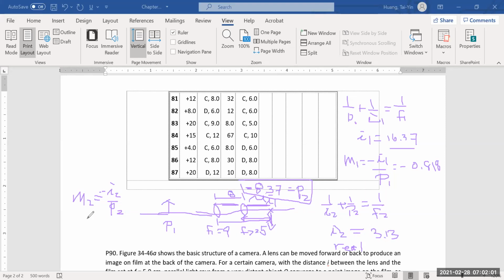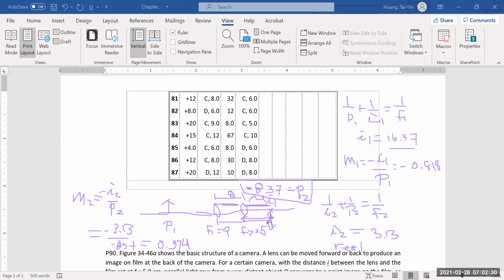So when you plug this in, negative 3.13 over P2, which is negative 8.37, you will get an M2 that is actually a positive value. So M2 is positive 0.374. What does it mean when M2 is positive? It means that the final image has the same orientation as the object.